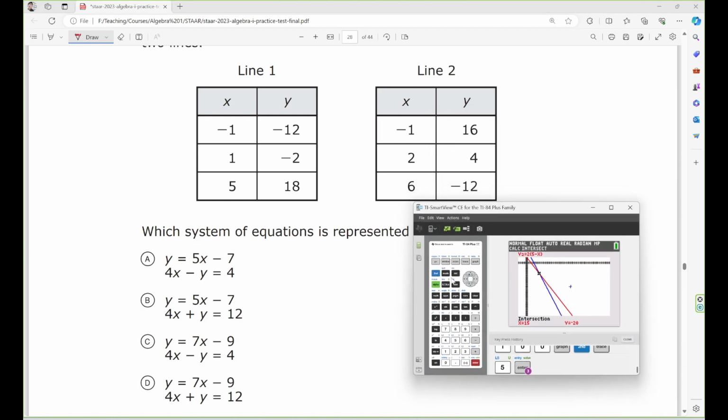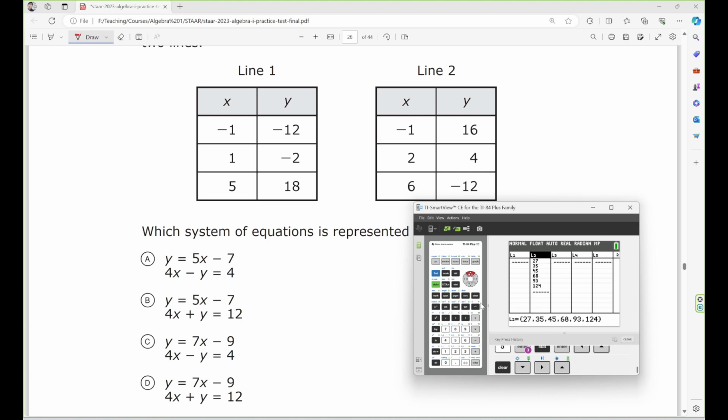Now the first table right here: hit STAT, Edit. Now F1, I need to clear the table. Negative 1, 1, 5. This one, negative 12, negative 2, 18.